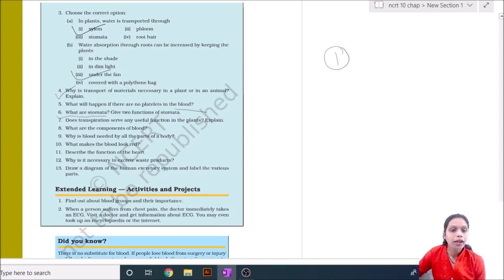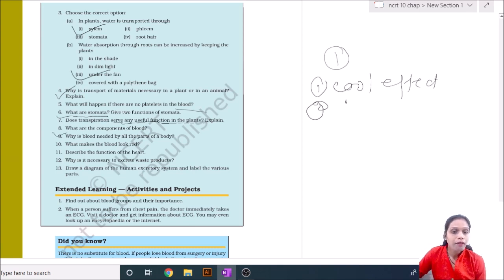What are stomata? Stomata are pores available on the surface of leaves, and they synthesize the food. Does transpiration serve any useful function in plants? Transpiration gives a cooling effect. Second, the long tree sucks the water through the roots by the process of transpiration.